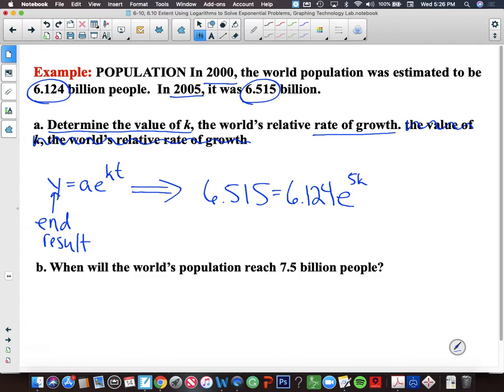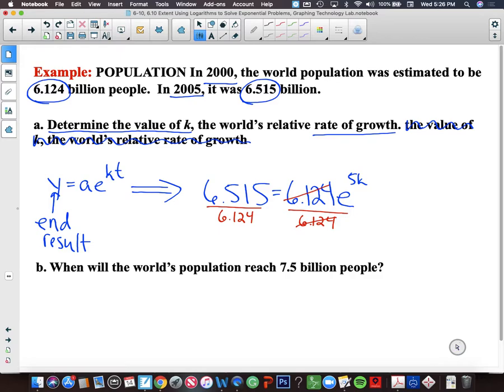We did some problems with e yesterday. Let's get the e by itself, natural log both sides, bring the exponent down, and we can solve from there, okay? So the first step is divide by that 6.124 on both sides. That'll get rid of it over here.